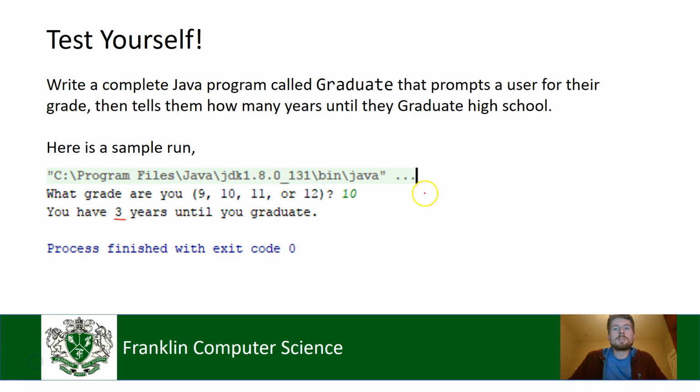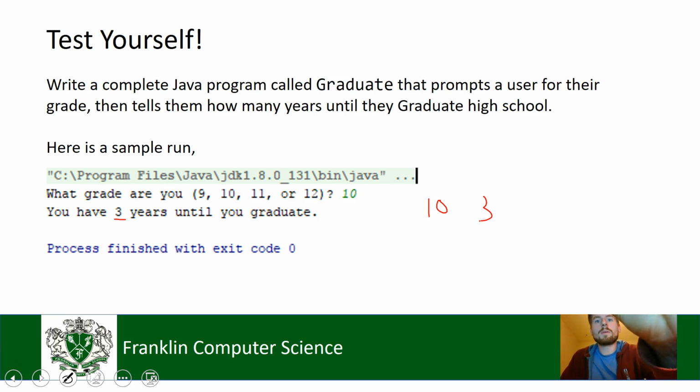So if we type a 10, let me use the pen because this is better, then we want to print out 3. If we type an 11, we want it to print out a 2. If we type a 12, we want it to print out a 1. There's a relationship between these numbers.